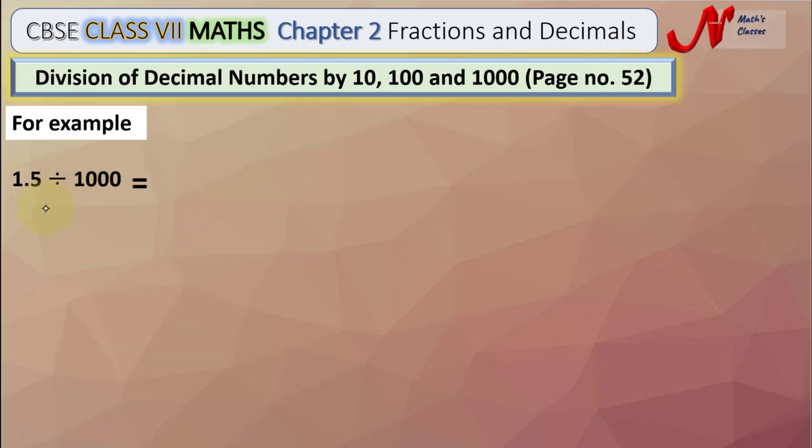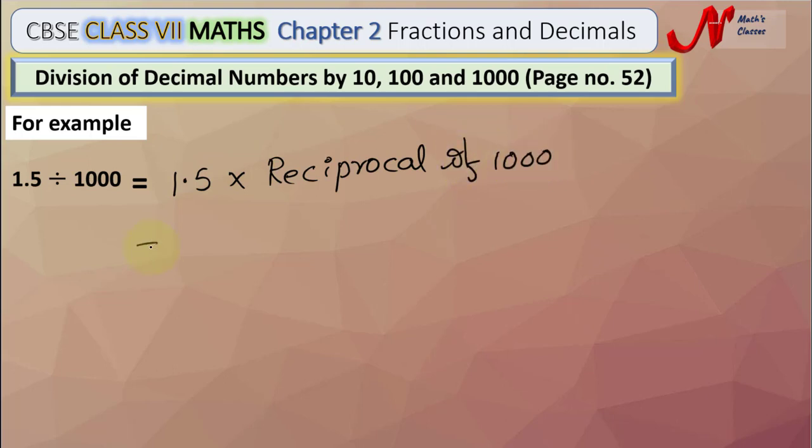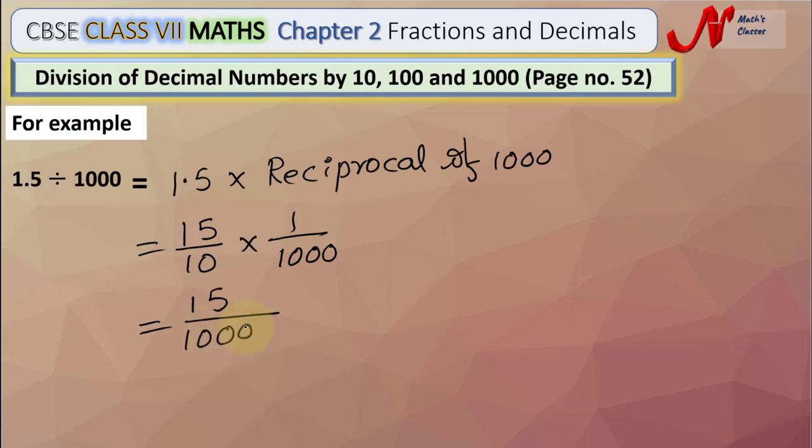Now we find the value of 1.5 divided by 1000. First we write 1.5 into reciprocal of 1000, which can be written as 15 by 10 into reciprocal of 1000, which means 1 by 1000, which can be written as 15 by 10 into 1000, which is 10,000.